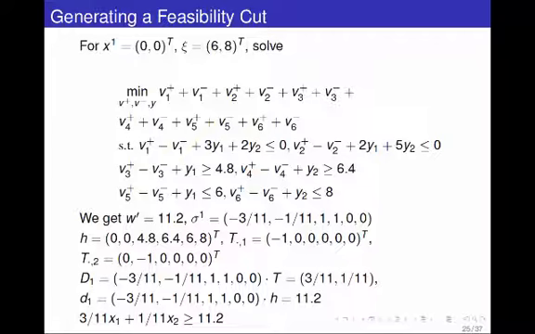Is it a good half space? Is this something I want to send to my master problem? First of all, does it cut out xv? xv is sitting on the other side, so if I plug xv here, it will violate these constraints. What is it doing though that we don't like?